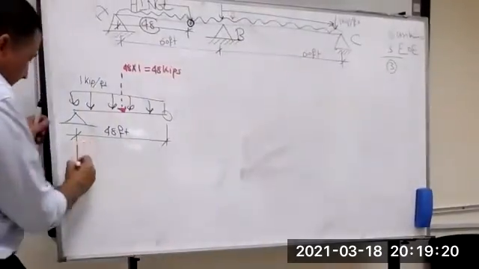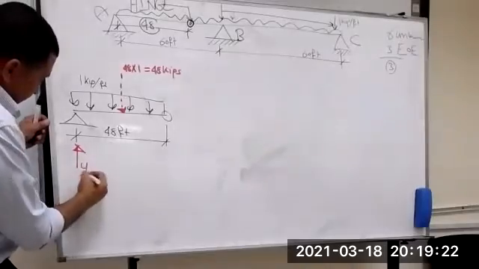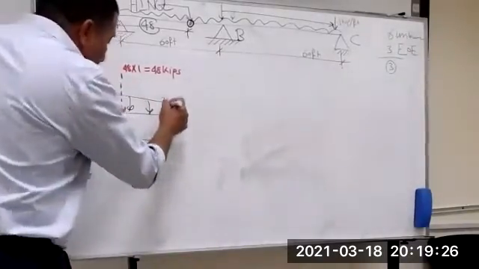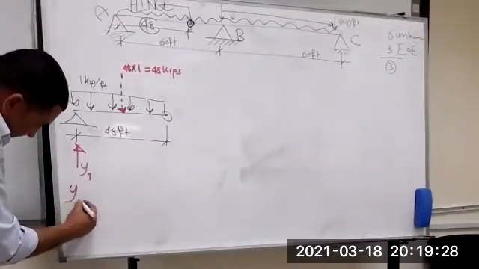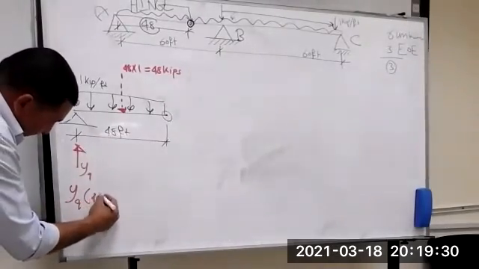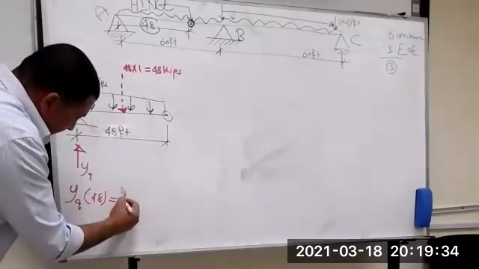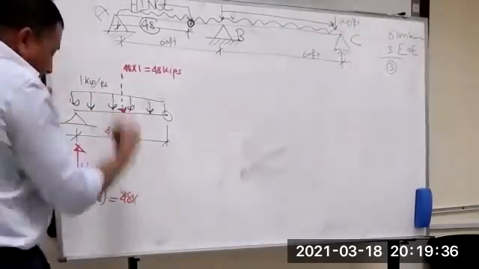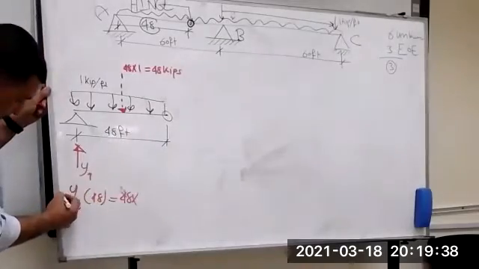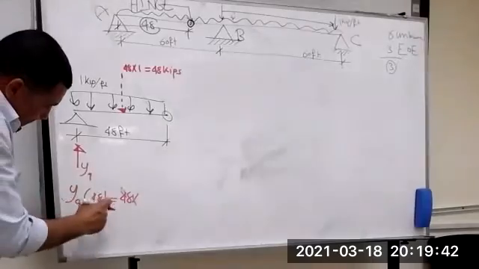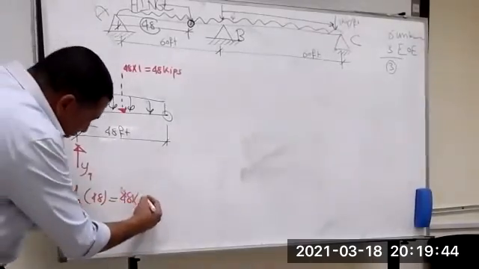Now the reaction. I can calculate sigma moment at this hinge equal to 0. So YA multiplied by 48 equals 48 multiplied by 24.